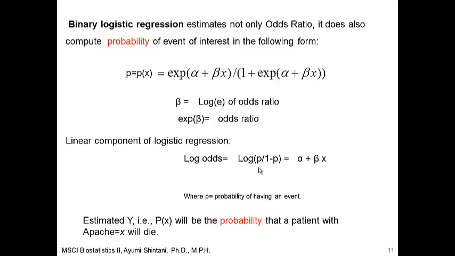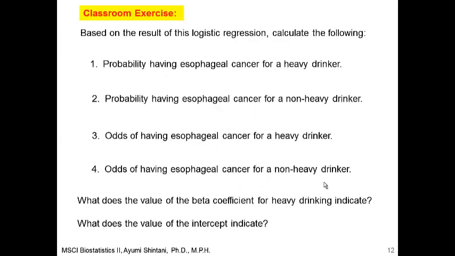Therefore, to get the odds, you just exponentiate this linear component. So exponential of alpha plus beta times x. X is 1 for drinker and 0 for non-drinker. And you know what alpha is and what beta is. So you know how to answer numbers 3 and 4.